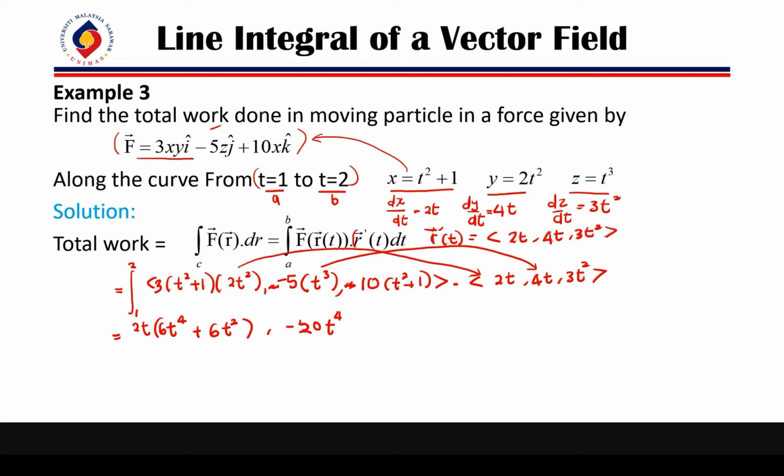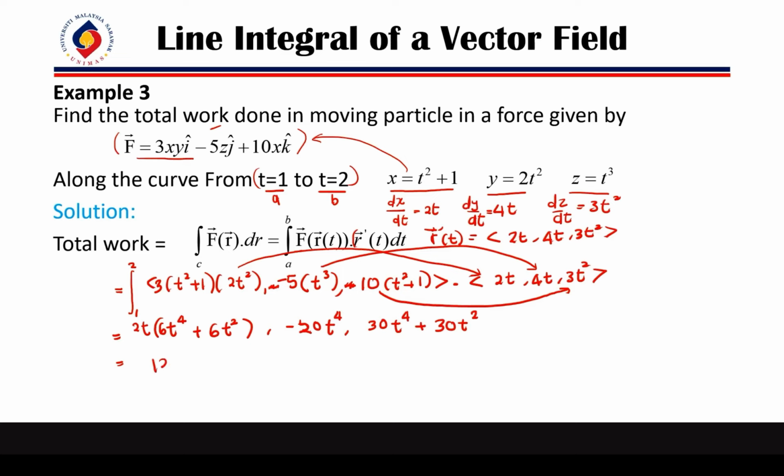Here we multiply this one by 10t, we get 30t to the power of 4 plus 10 plus 3, 30t squared.